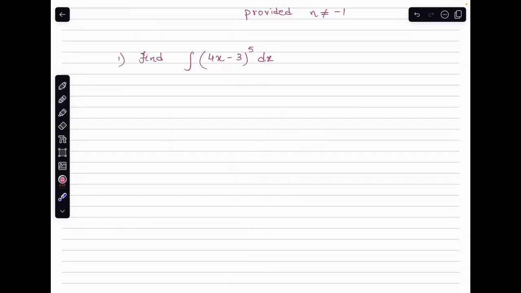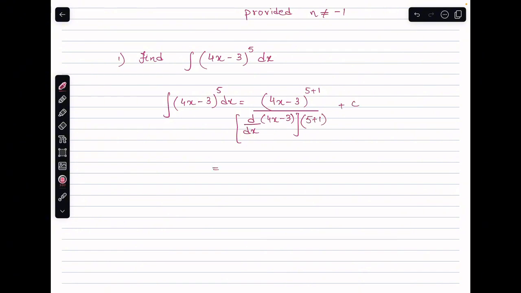The first example is to find the integral of (4x minus 3) to the power 5 dx. To (4x minus 3) to the power 5, I should be adding a 1, and then in the denominator I should be having the differential of 4x minus 3, multiplied by 5 plus 1, which is 6, and add the constant.